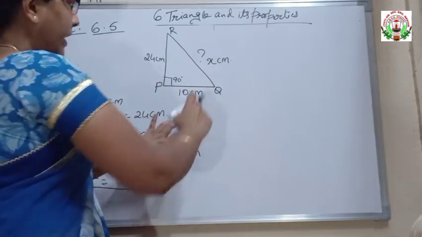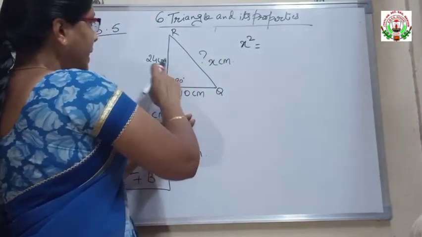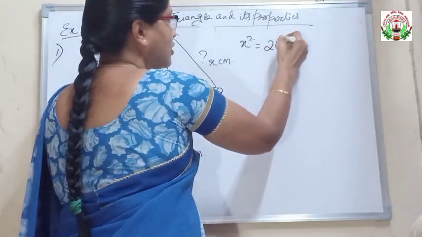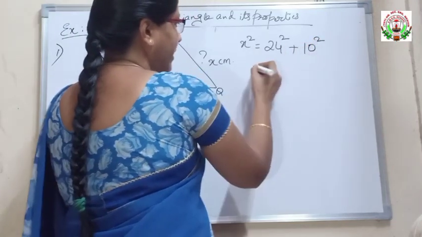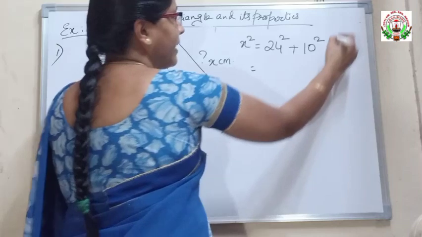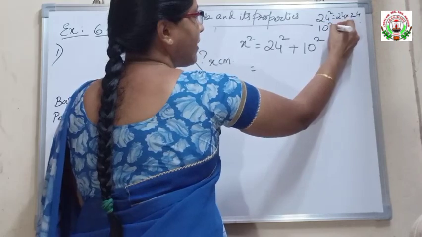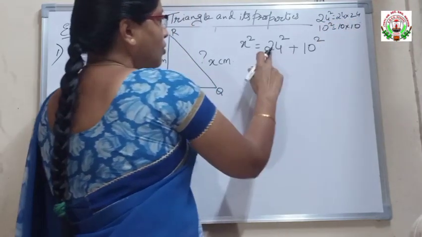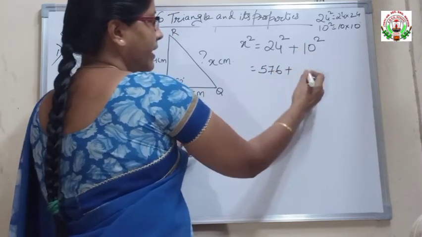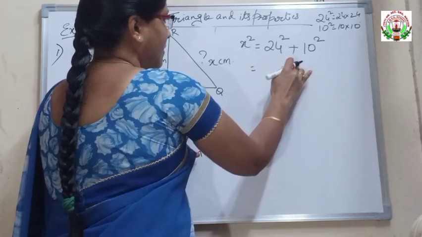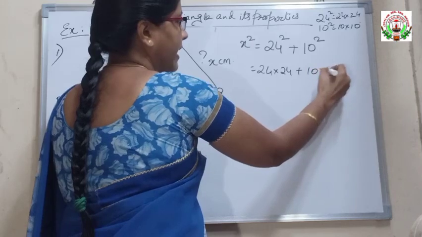So h square, h is given as x, so it is x square. x square is equal to perpendicular square, that is 24 square, plus base square, 10 square. 24 square means 24 into 24 and 10 square means 10 into 10.